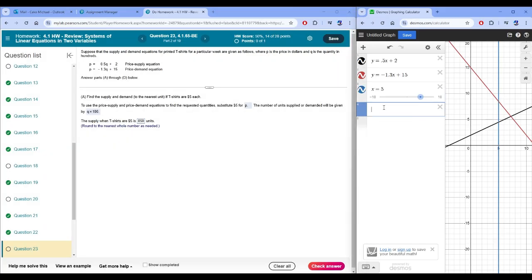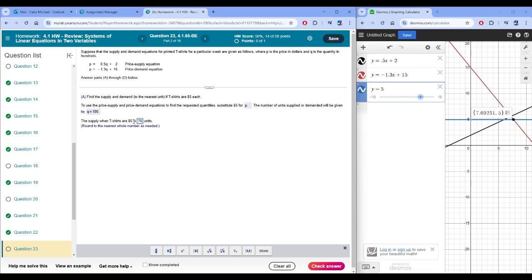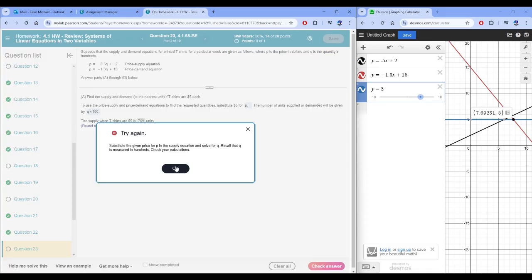Oh, not with x, it's gotta be when y equals 5. Y equals 5. The supply would be 769 units.